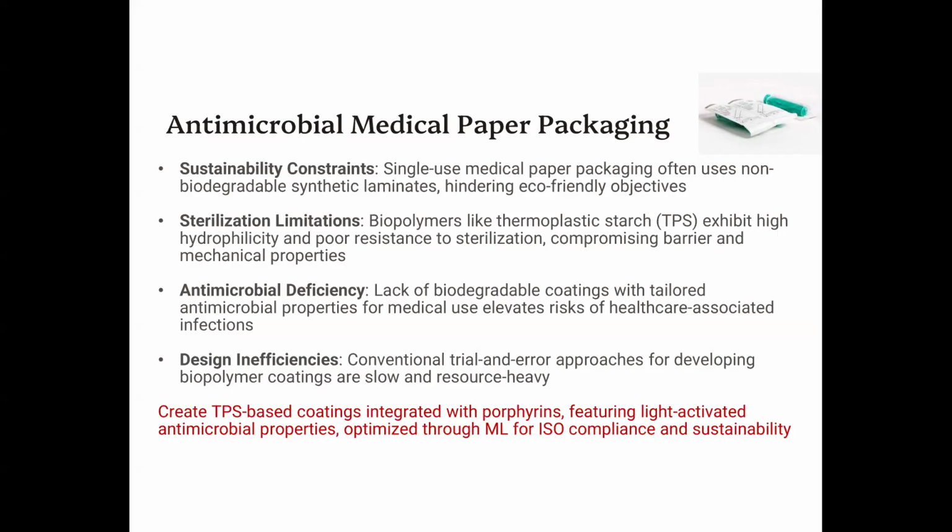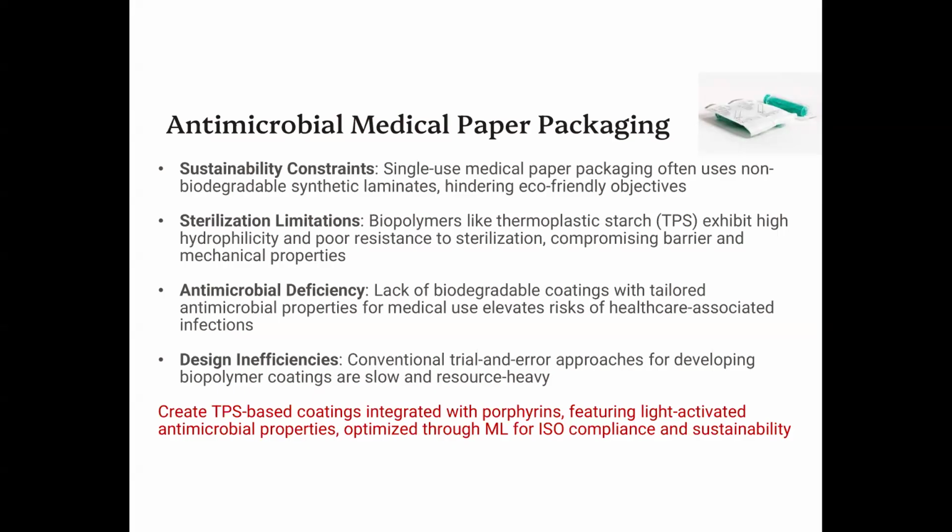Another drawback is antimicrobial deficiency. Usually we lack biodegradable coatings tailored with antimicrobial properties for medical use, and of course, they give higher risks of healthcare-associated infections. Finally, the solution which is ready to use is conventional trial-and-error approaches, which are of course very slow and resource intensive.